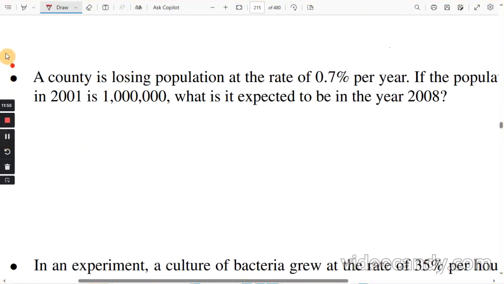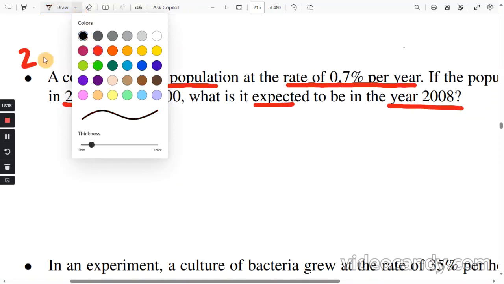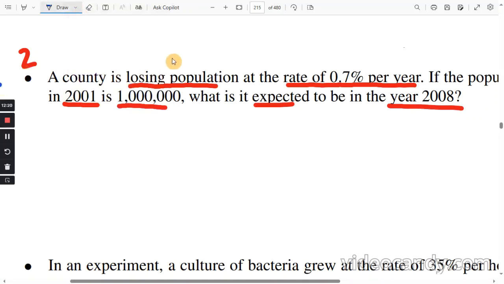All right, second example. A county is losing population at a rate of 0.7% per year. If the population in 2001 is 1 million, what is it expected to be in the year 2008? Since we're losing population, we are going to use the decay formula.